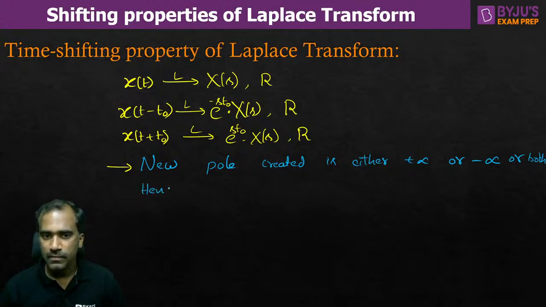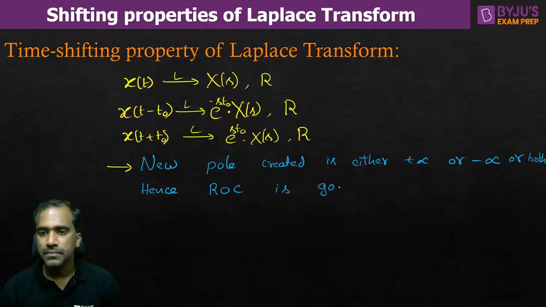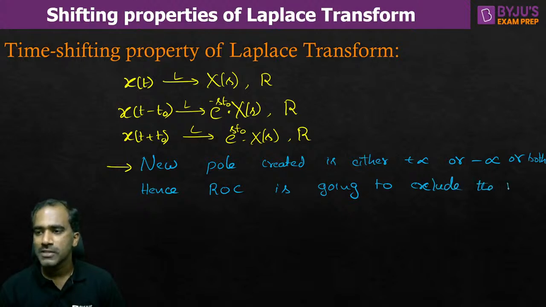Hence, the ROC is going to exclude the new pole that is created due to time shifting.